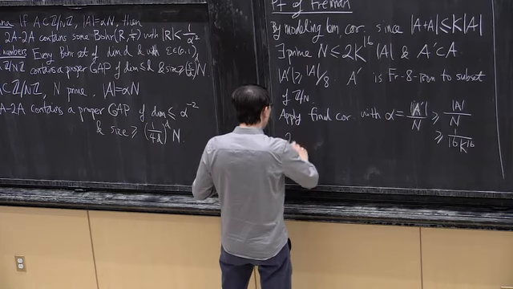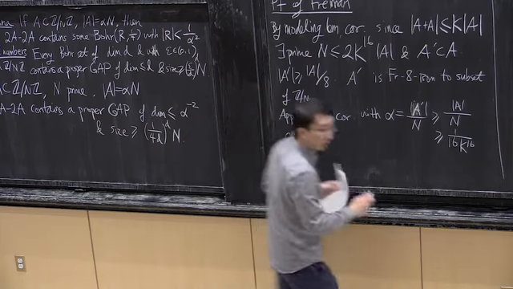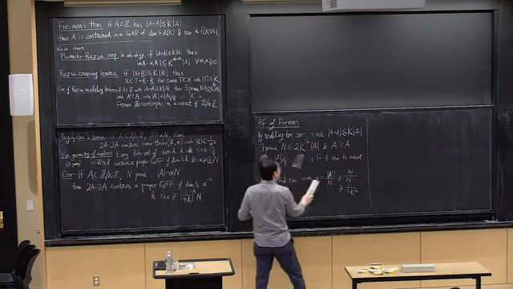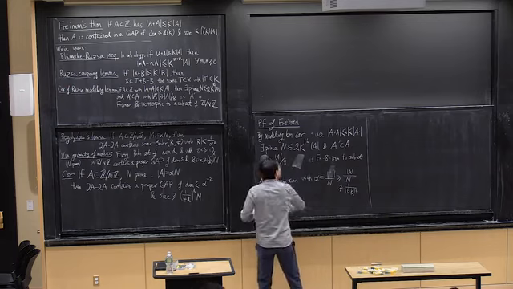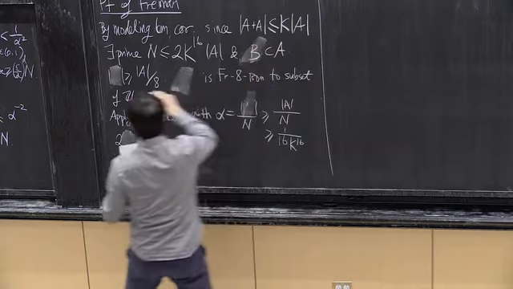We see that 2A' minus 2A'. Okay, so let me change the letters and call A' B, so I don't have to keep on writing primes. So the subset of A is called B.